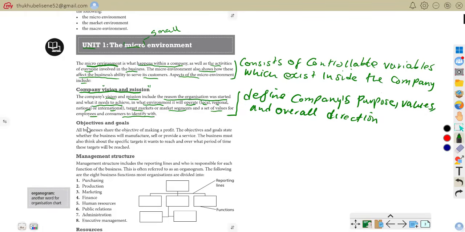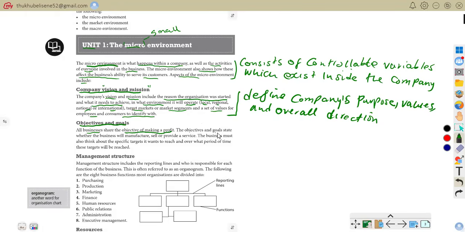Another aspect that is included in the microenvironment is objectives and goals. When you're talking about objectives and goals, they should be specific, measurable targets that the company aims to achieve. These are derived from the vision and mission statement. Like it says, all businesses share the objective of making a profit.